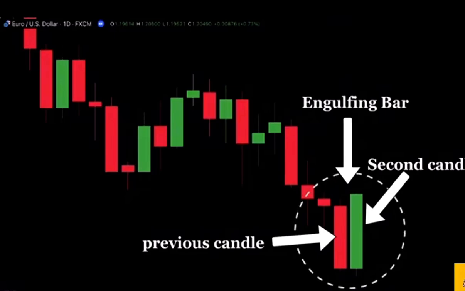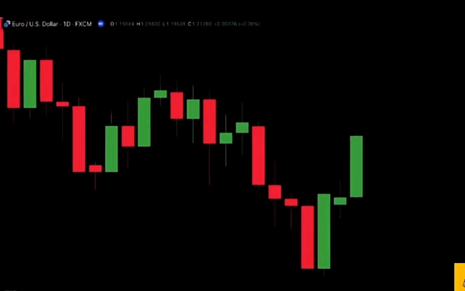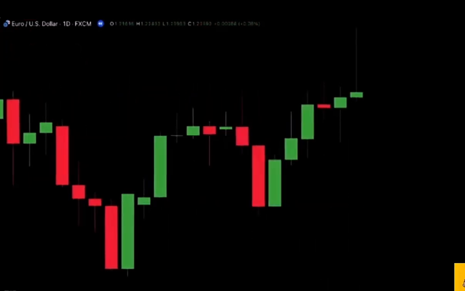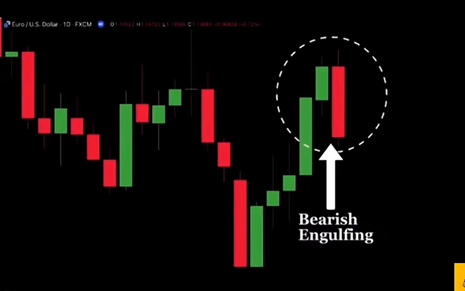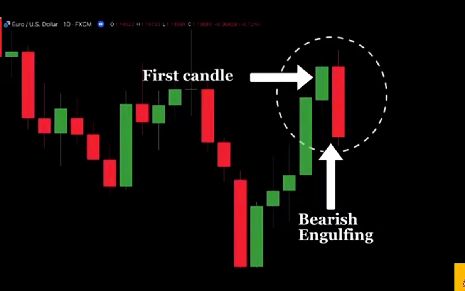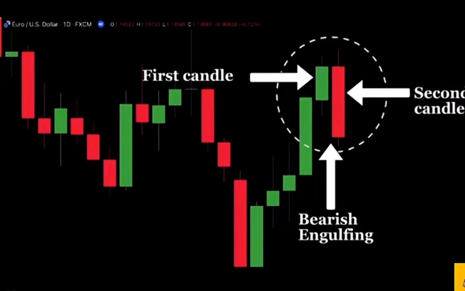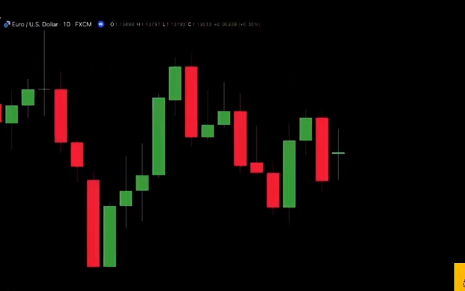This tells us that buyers have stepped in with strong momentum, overpowering the sellers, and a potential reversal to the upside could be underway. On the other hand, a bearish engulfing happens at the top of an uptrend. The first candle is green, indicating buying pressure, but then a much larger red candle follows, completely swallowing the previous one. This shift shows that sellers have taken control and a potential move downward could be coming.